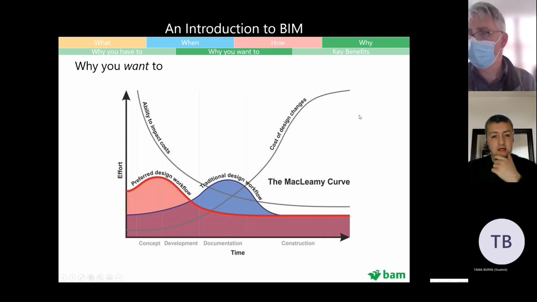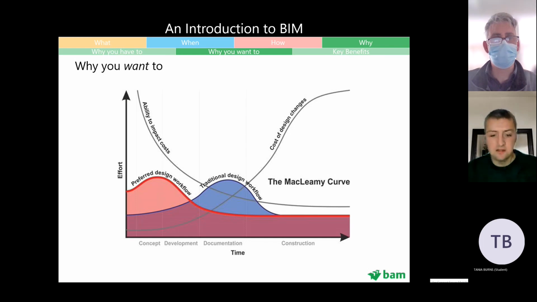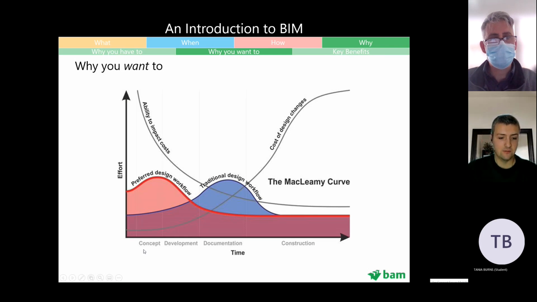Okay, so in terms of why you want to utilize BIM, and this is why private sector clients, although they're not obligated to, do choose to use BIM. This curve is showing you that your ability to impact costs is at its highest point right at the beginning of the project, the concept stage. It's completely up to you.